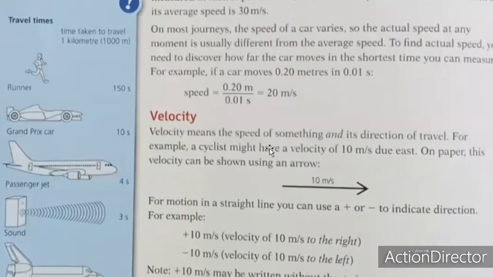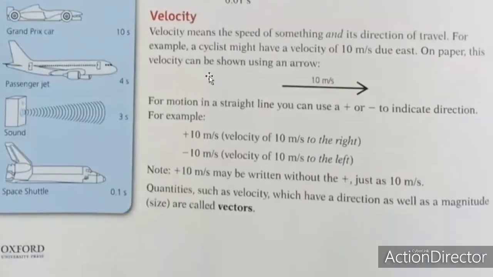Now, our second term is velocity. The main difference between speed and velocity is direction. If anything moves in a direction, we say that it has a velocity.